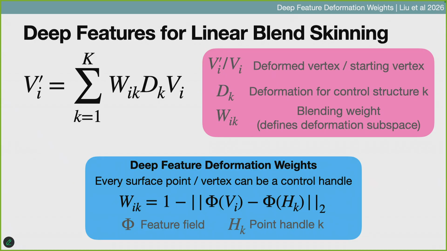In this formula, phi is some feature field that you've distilled, and H_k is your point handle, which can be off the surface, on the surface, wherever. The important part of this function is that it's really fast to compute. The addition of a new handle involves just another feature field query and an L2 evaluation, which for most meshes can be done in real time.